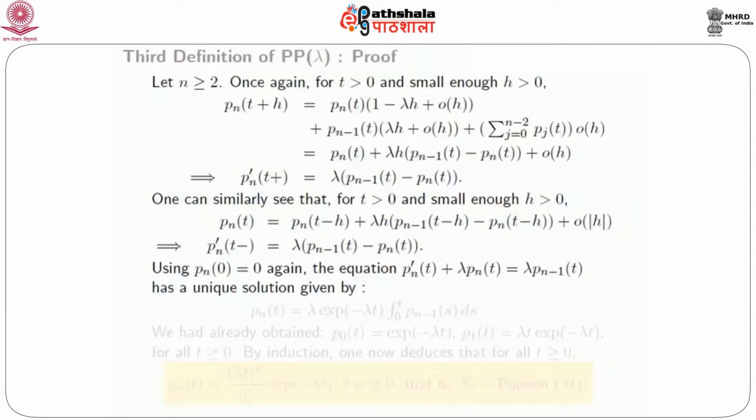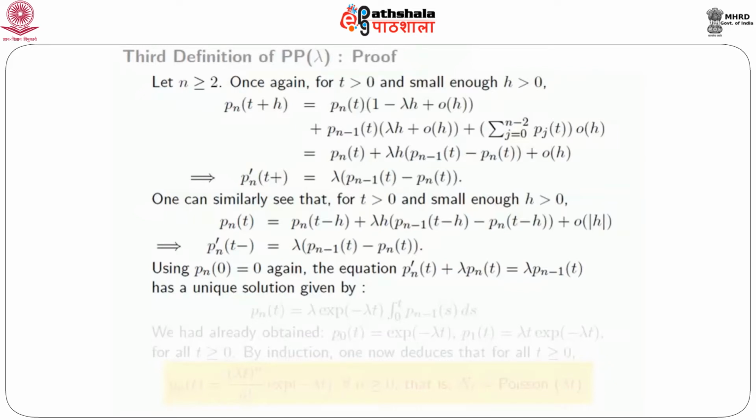Now notice that we have already obtained P0(t) as exponential of minus lambda t. We also obtained P1(t) as lambda t times exponential of minus lambda t, and the differential equation connects the derivative of the function Pn and also the function Pn-1. So one can do this by induction.